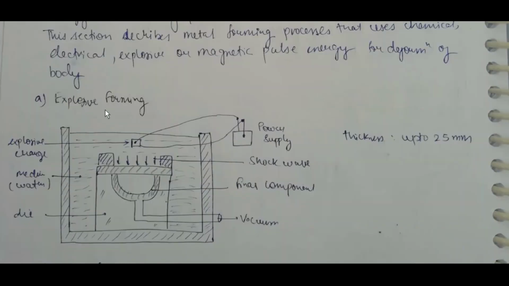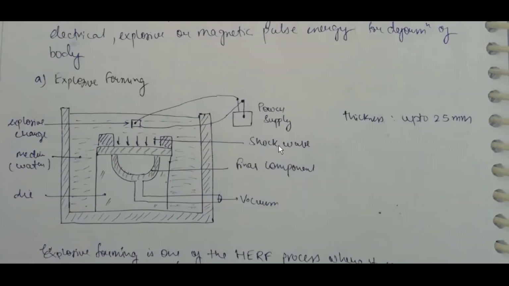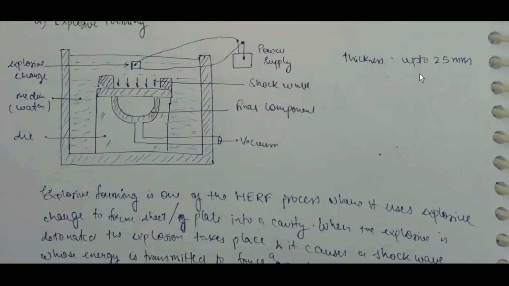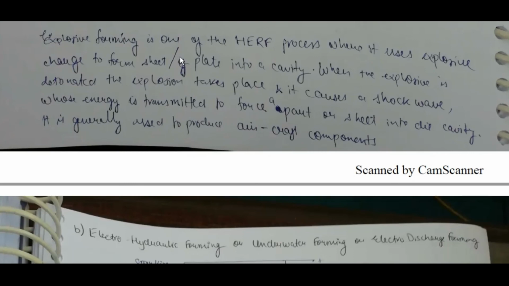Explosive forming, thickness up to 25 mm. Explosive charge, medium water, die, vacuum, final component, shockwave, power supply. Explosive forming is one of the HERF processes where it uses an explosive charge to form sheet or plate into a cavity.